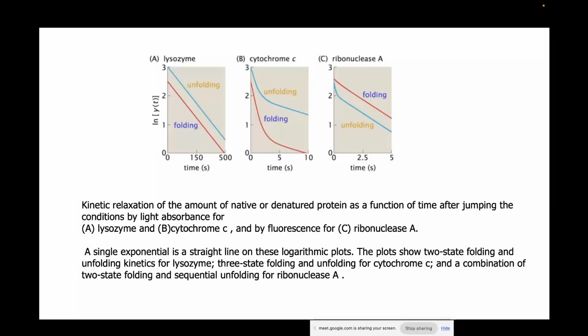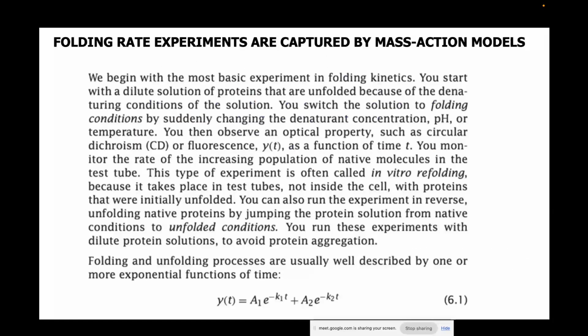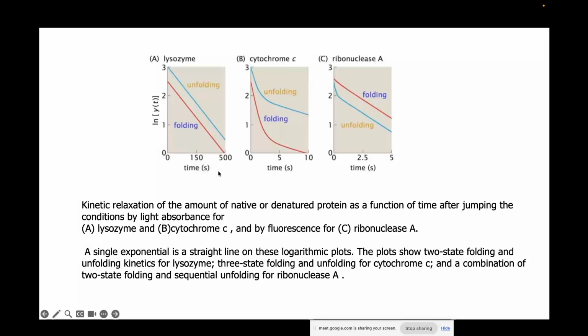These plots show y(t), which is the folding rate, with respect to time. These are for three different enzymes or proteins. If the protein is somewhere in this section, it is unfolding.